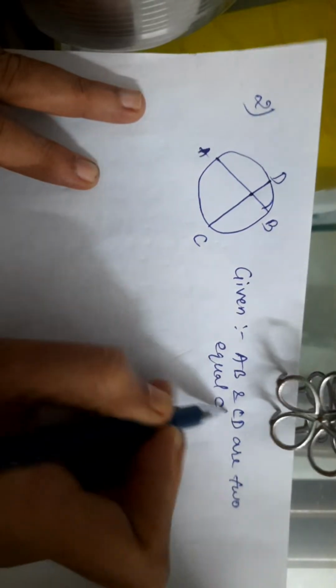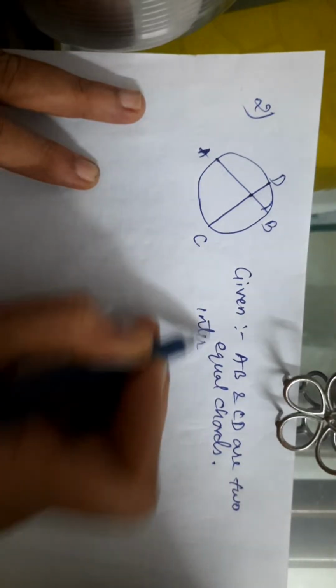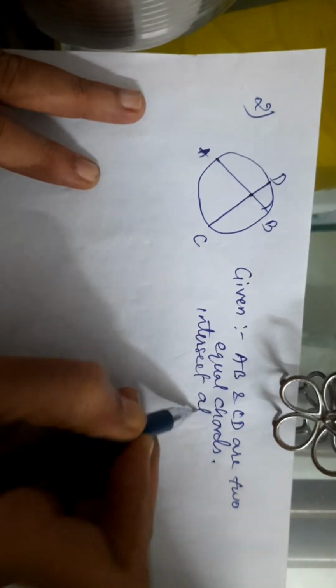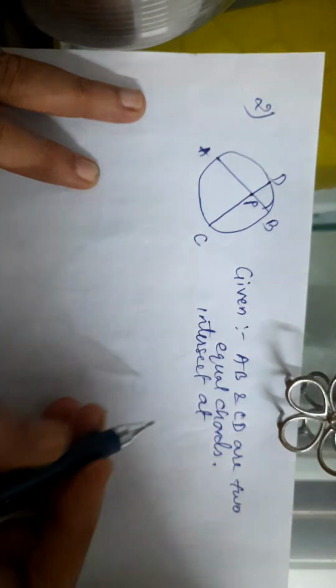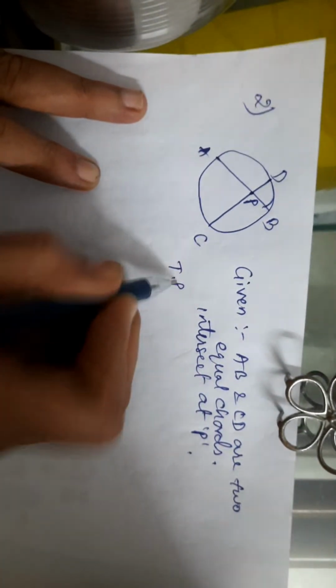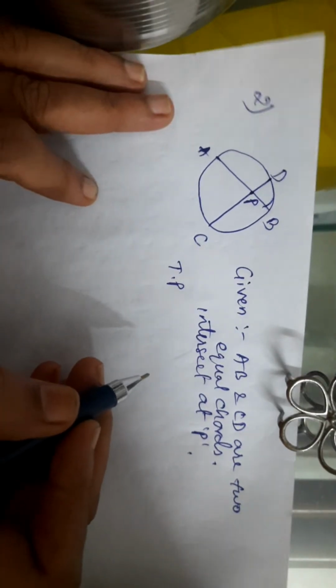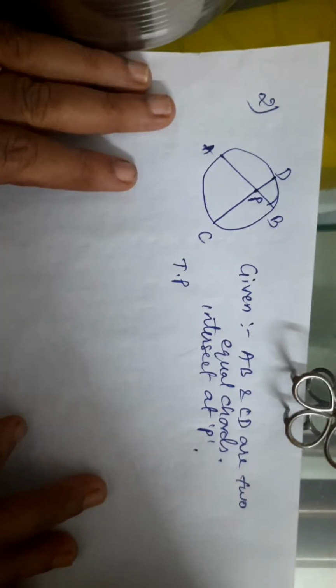The two equal chords intersect at P. We need to prove their corresponding segments are equal. What do we mean by corresponding segments here?